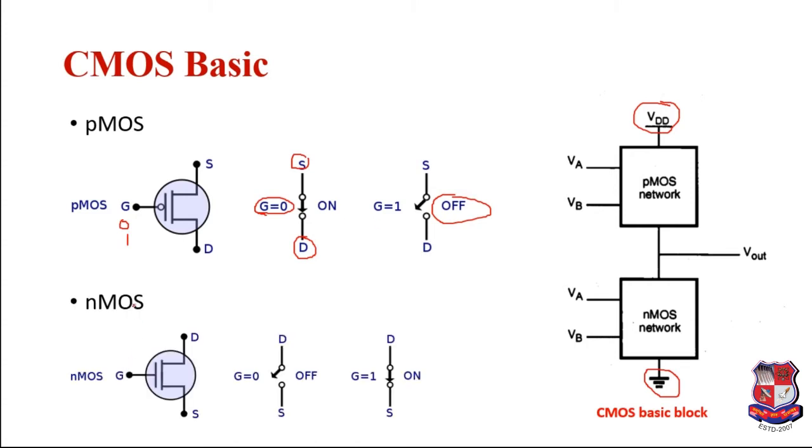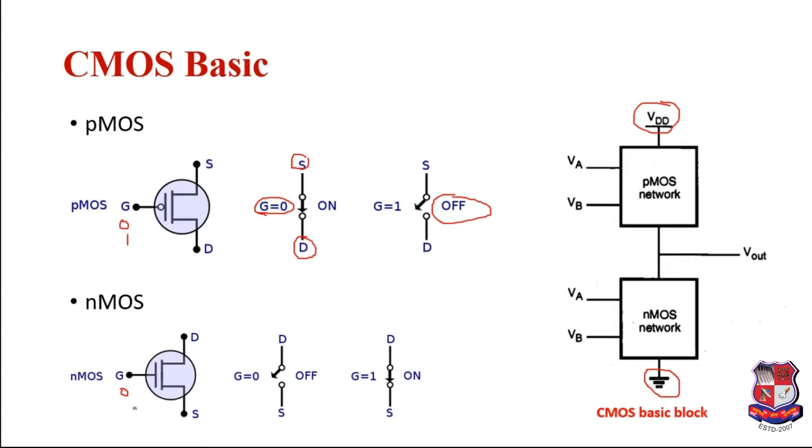In the case of the NMOS transistor, the symbol is shown here. There is no bubble at the gate terminal, and if the input at the gate terminal is 0, the NMOS transistor is turned off, and it is represented by an open circuit between source and drain.